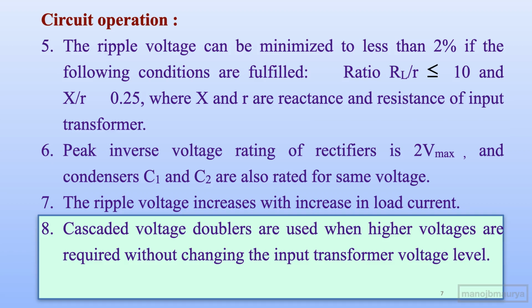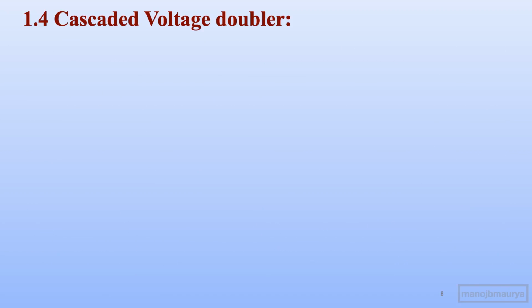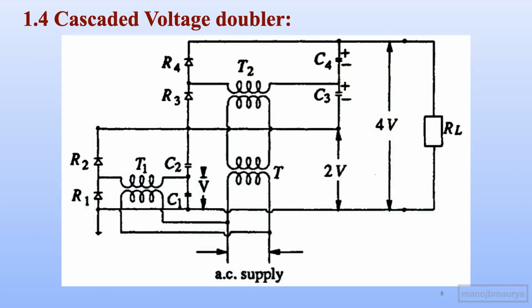So in this same video, we are going to check a variation of voltage doubler circuit with the effect of cascading. So let us move ahead and check with the cascaded voltage doubler circuit.